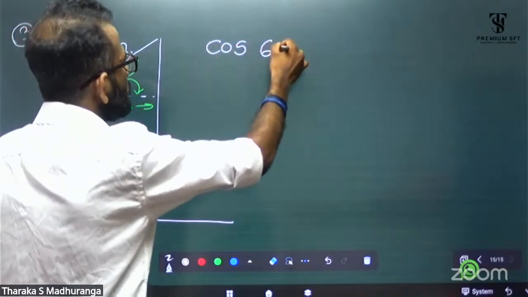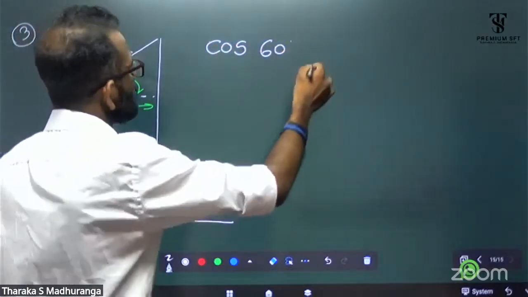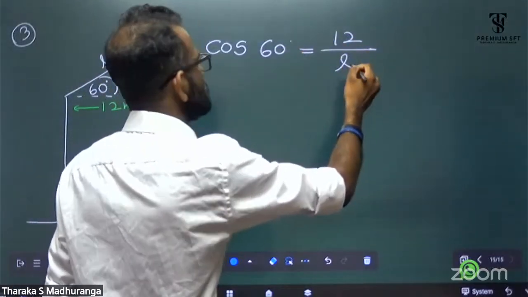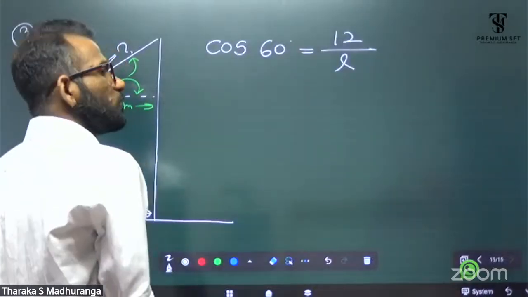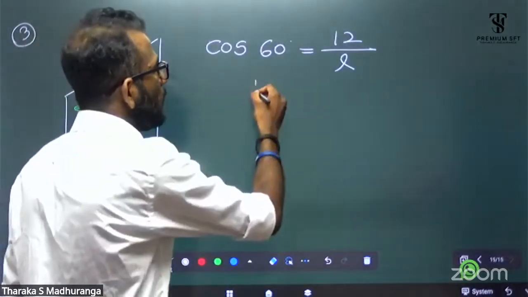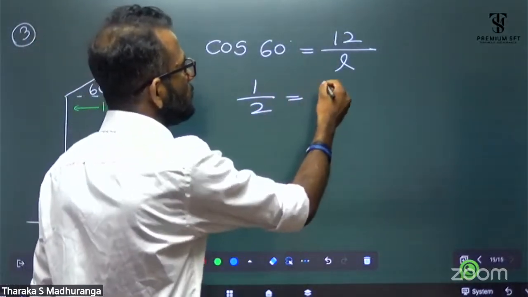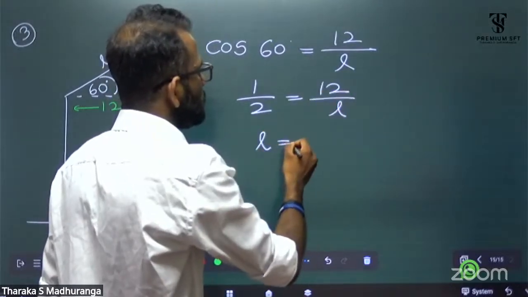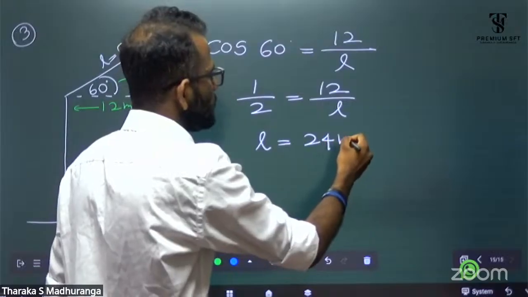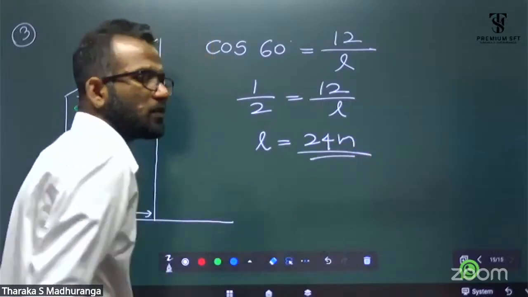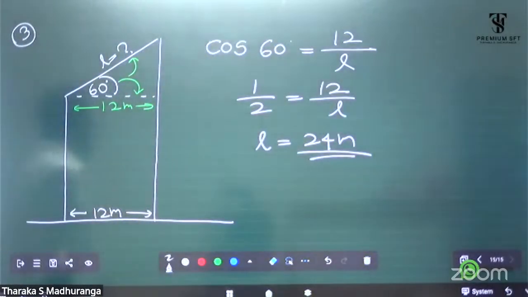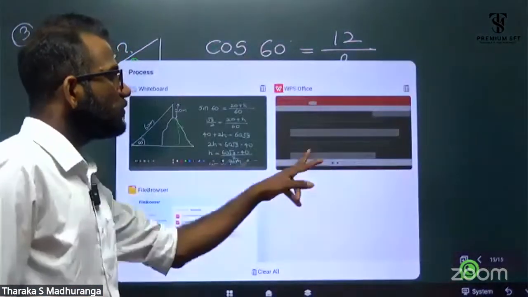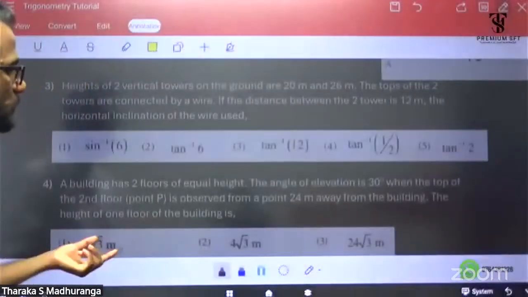Cos 60 equals 12 over L. Cos 60 is half, equals 12 over L. L equals 24 meters. A 24-meter length of wire is required.